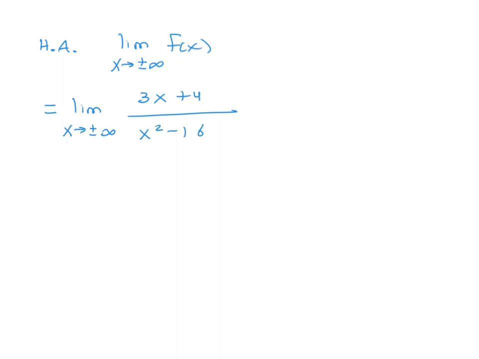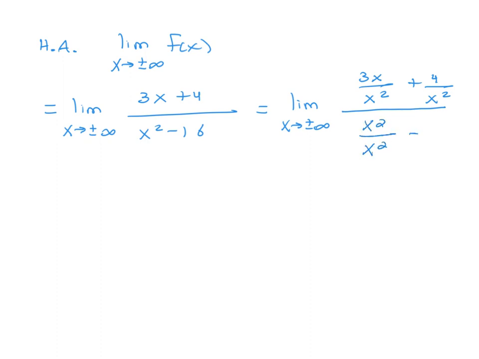What we'll do here is divide every single term by the largest power of x, which is x squared. This is equal to the limit as x goes to plus or minus infinity of, so this is 3x over x squared plus 4 over x squared divided by x squared over x squared minus 16 over x squared. So these two limits are equivalent.